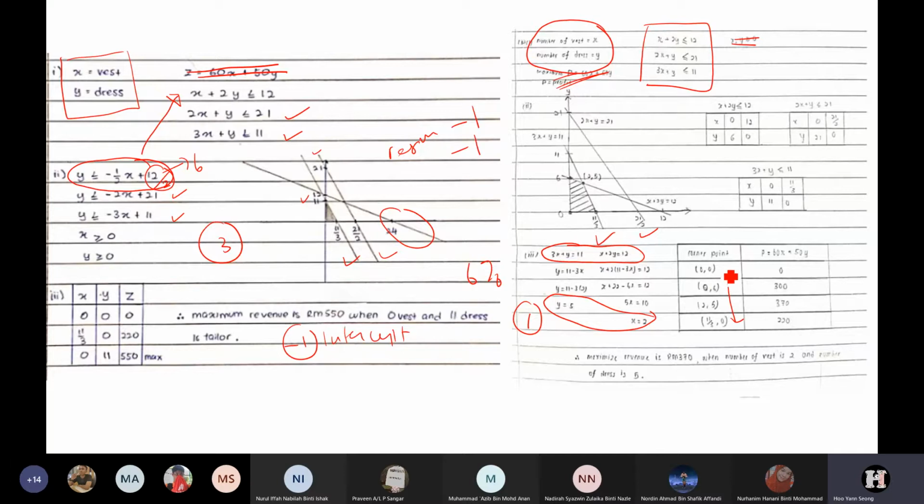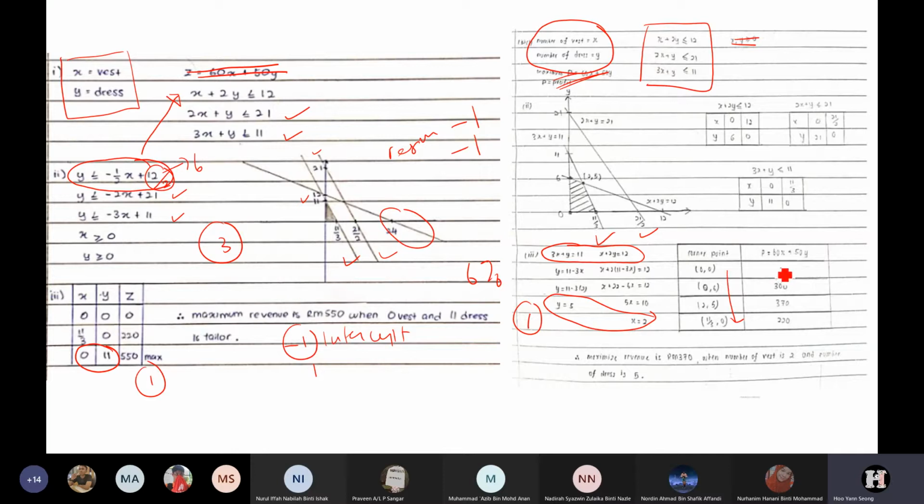Then over here you have 4 points correct, but because your feasible region is wrong, this one is also wrong. But normally we will not deduct your 1 mark, because you were able to find the corner points. So we will give you 1 mark.